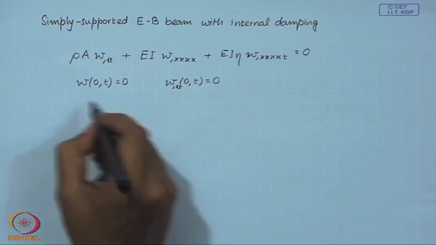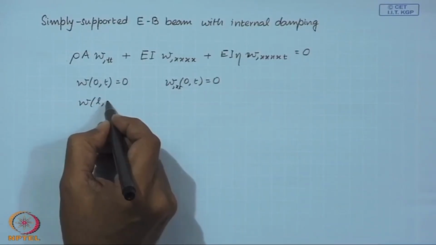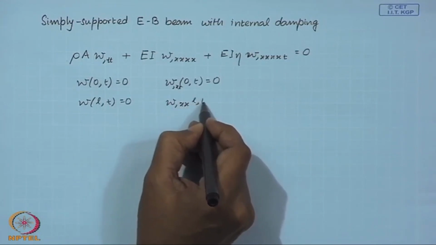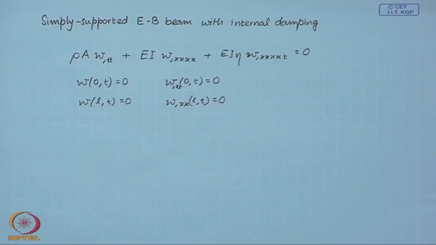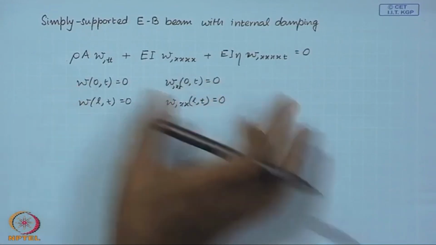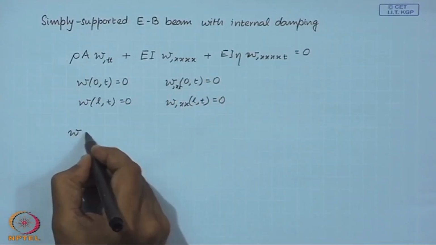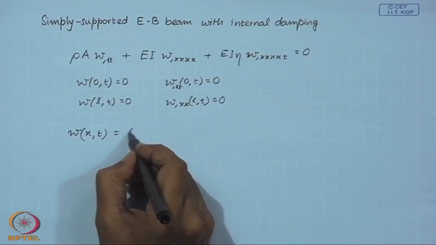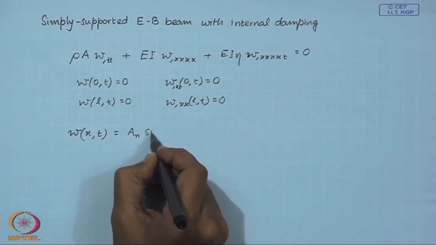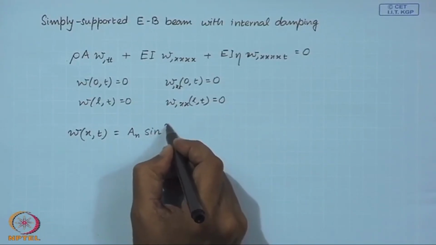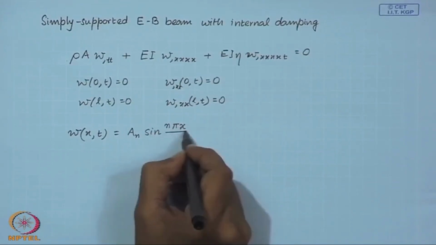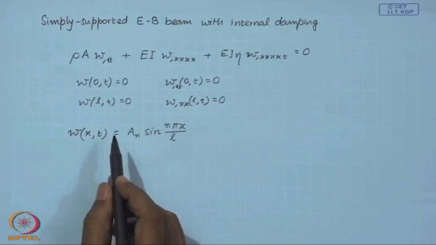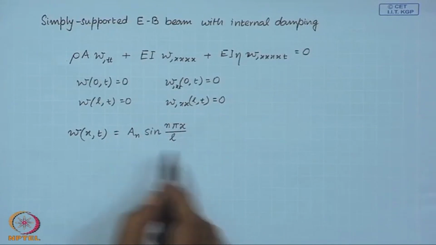So the moments are 0. Now, we have seen that for an undamped beam, the modal vibration is given by this. Let us for a moment assume that this beam is vibrating in this nth mode.